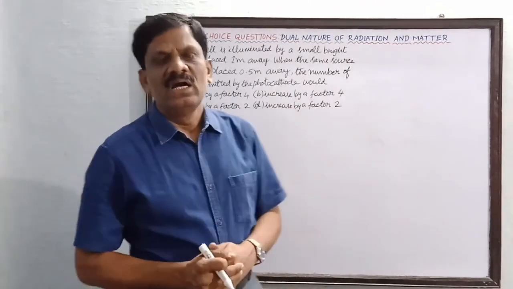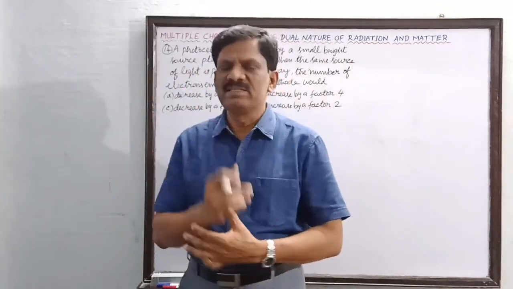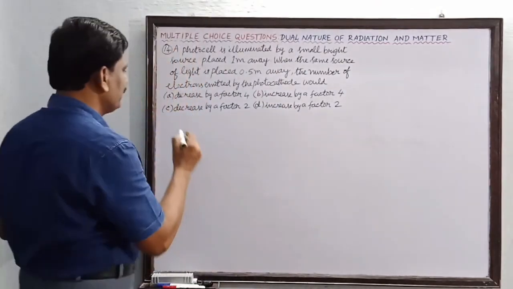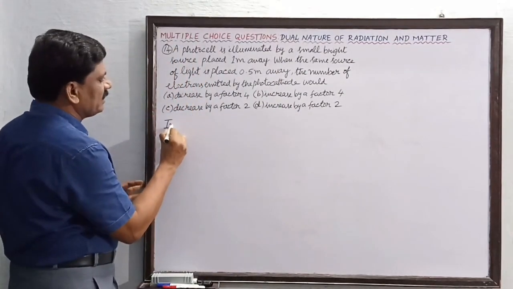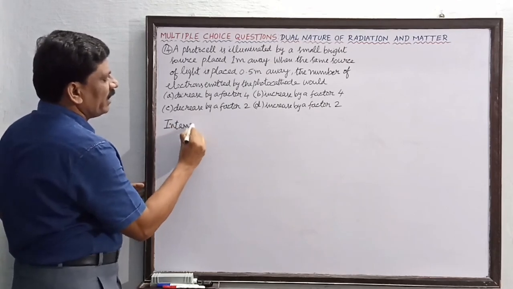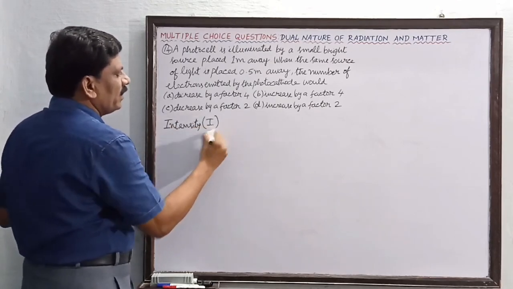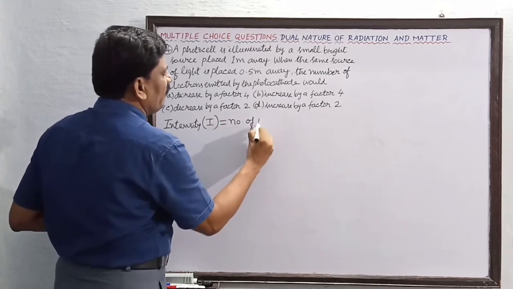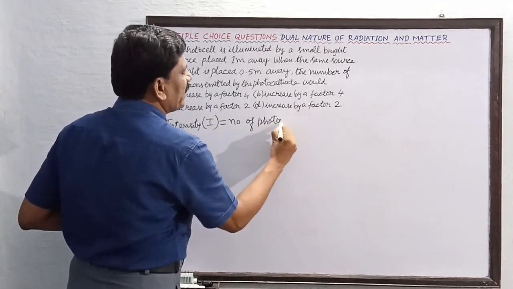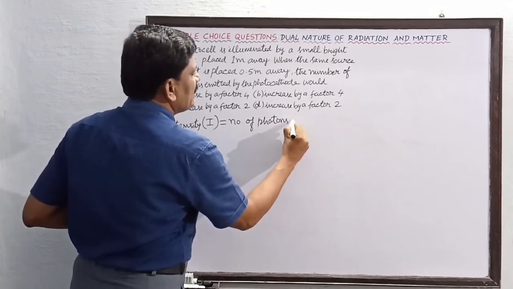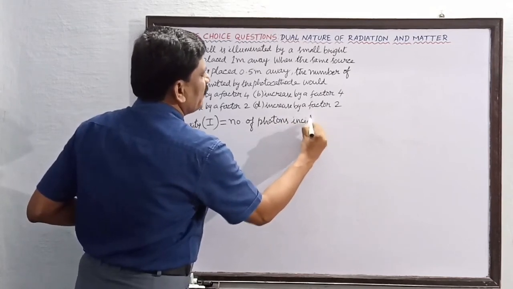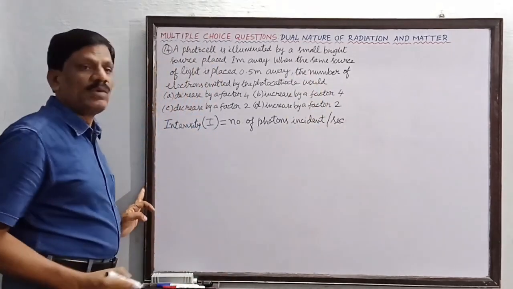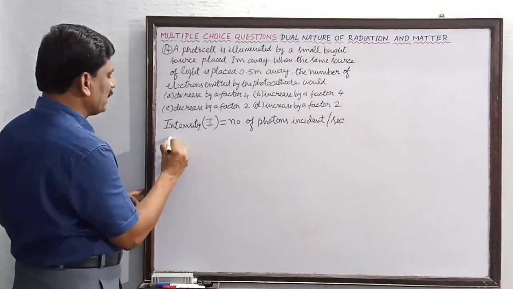Okay students, what do you mean by intensity of light here in this experiment? The intensity of the light, I will take the symbol I, is equal to the number of photons incident per second. Now what do you mean by photo current?